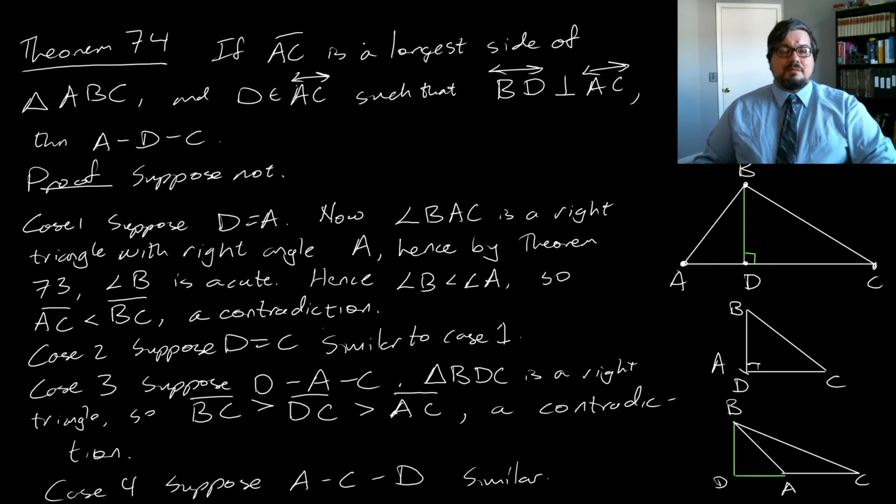So this Theorem 74, the proof of it is really just eliminating all other possibilities. D has to lie between A and C because any other possibility gives rise to a contradiction.